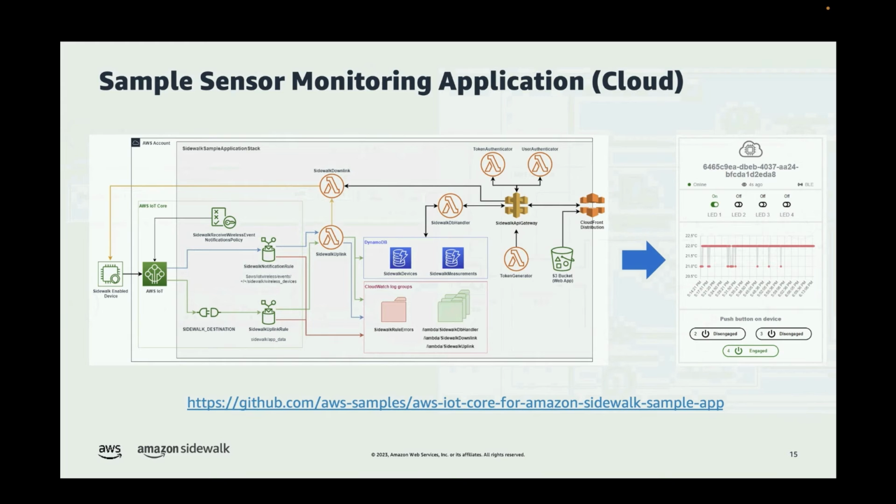We released this to show what's possible, really to help developers get started with this technology. It lets you control the LEDs on the Nordic DK boards. You can see button presses. You can see the temperature data come in. But it really is there to give you a good head start to using this technology.